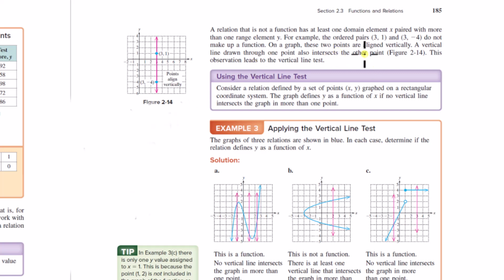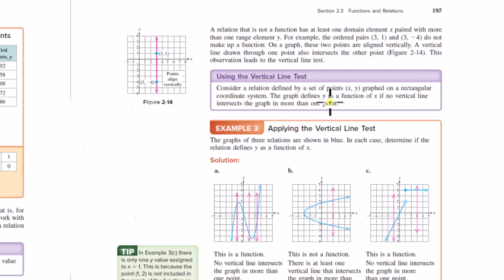You see, and so they test the simple relation 3, 1 and 3, -4. There's its graph, those 2 points. They draw a vertical line, and you could draw a vertical line anywhere you want, and it passes through more than one point. It's not a function. Okay, so the vertical line test. Consider a relation defined by a set of points x, y, graphed on a rectangular coordinate system.